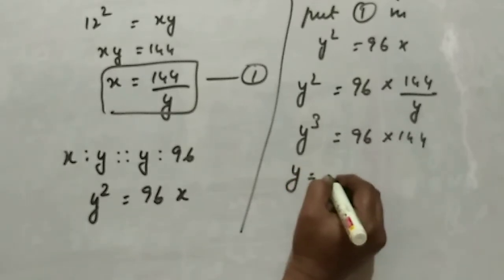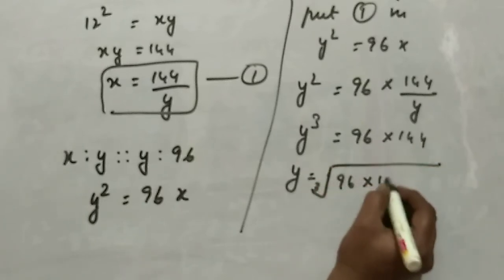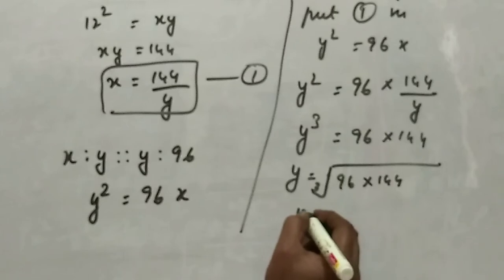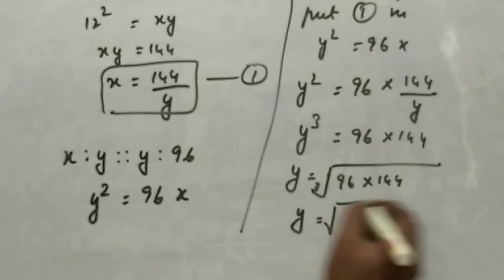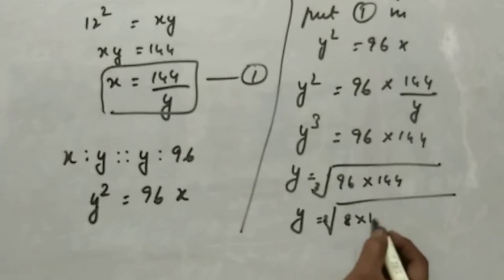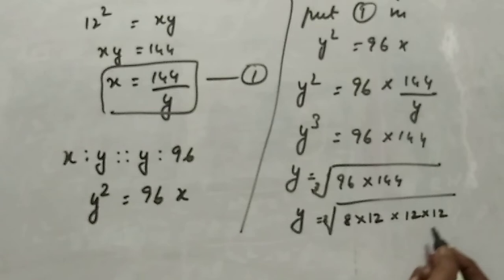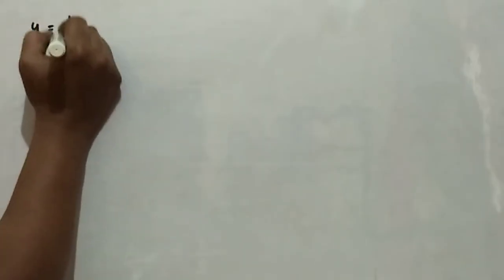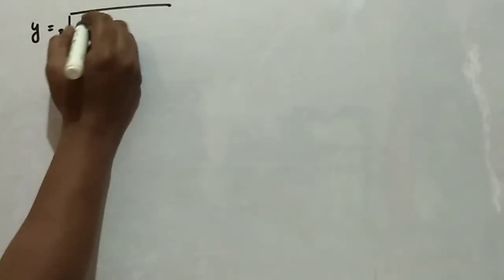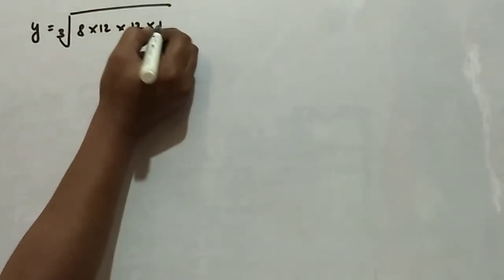Y is equal to the cube root of 96 into 144. 8 twelves are 96, so y cube root is 8 into 12 into 12 into 12.